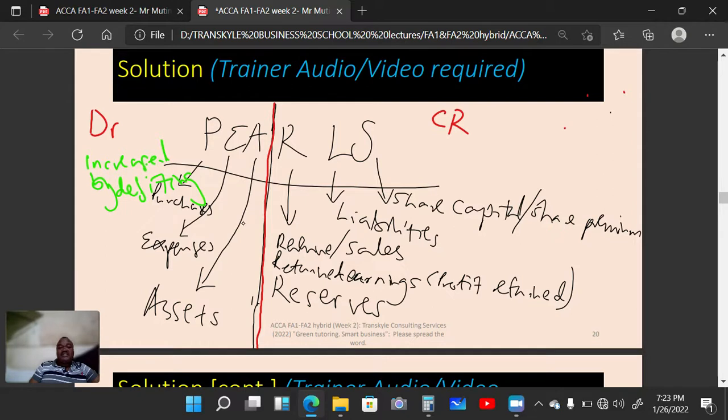If it is Metro Pitch, we are going to say credit Metro Pitch. It's our supplier, it is our payables.